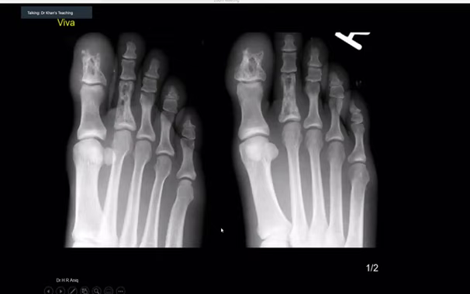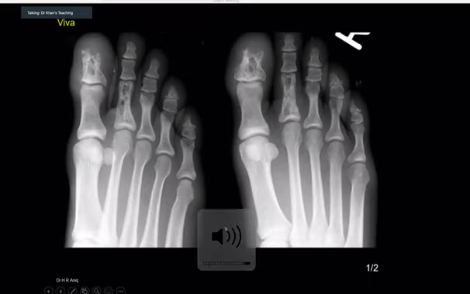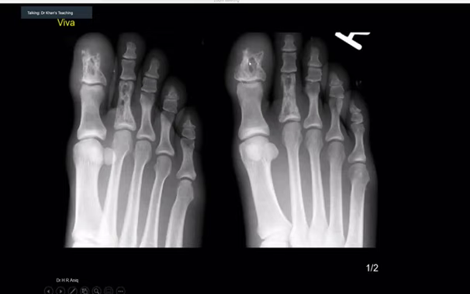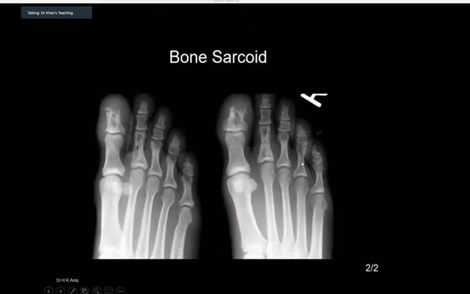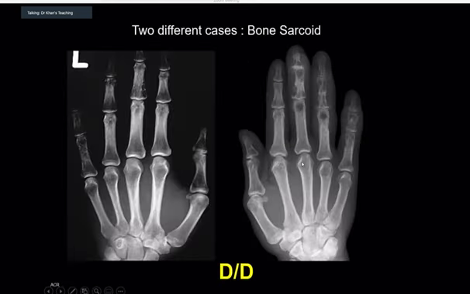But this is one of the pathognomonic ones, and usually this will involve the feet or the hand. The classical pattern is punched out lesions, giving you at times a lace-like or reticular pattern. So this is sarcoidosis, and these are two different examples of hands.